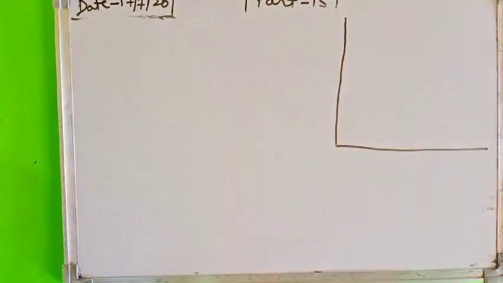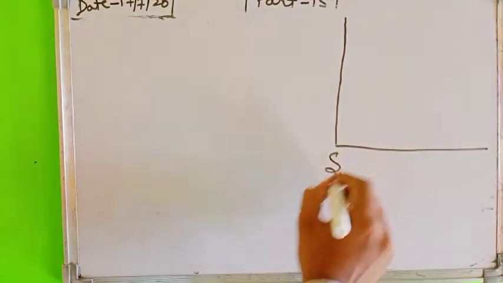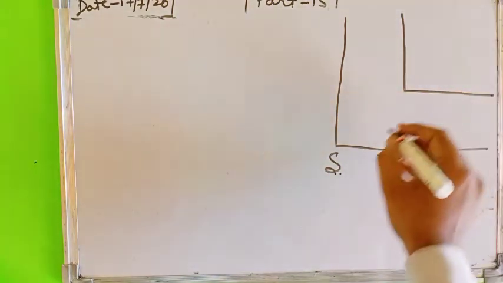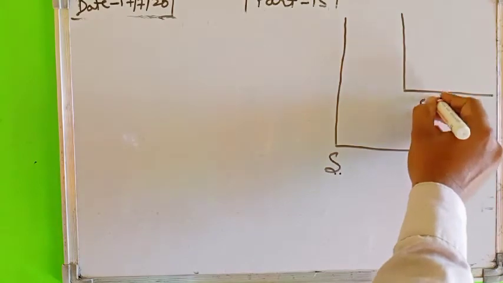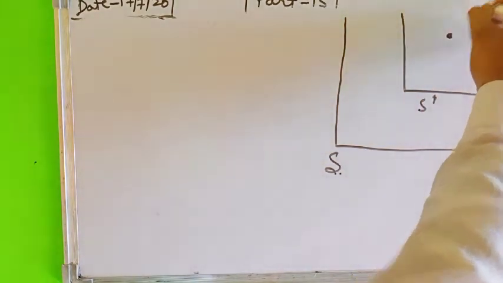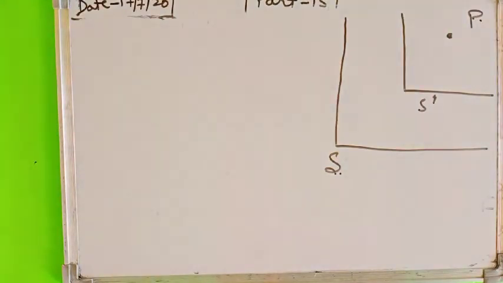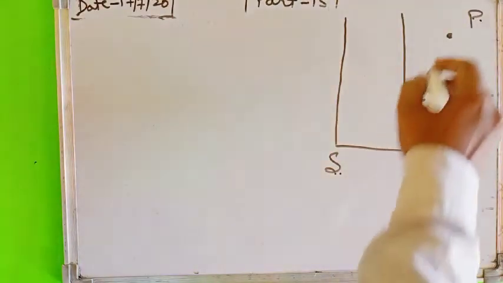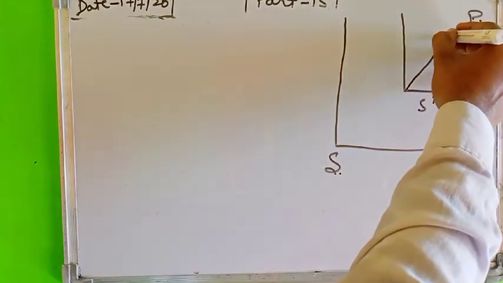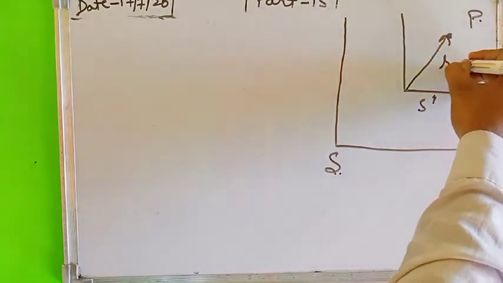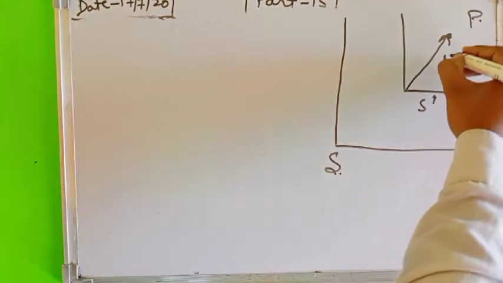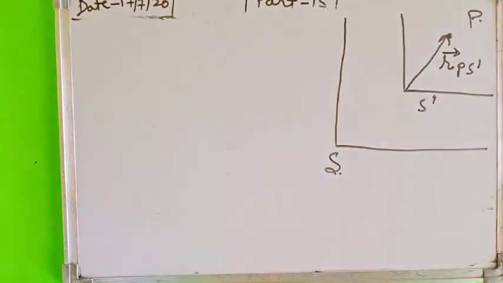This is the frame S, and this is another frame, that is S dash, and this is particle P. This is the position of the particle with frame S dash.